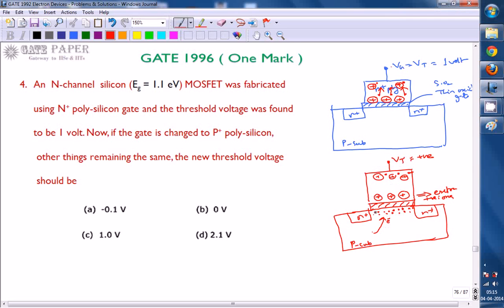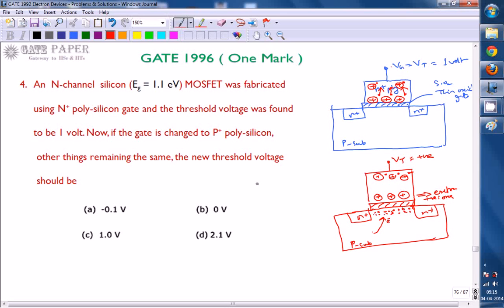They simply accumulate near the SiO2 region, forming a channel. So if you use N plus poly, a channel is created for a small gate voltage itself. Now let us assume we go with P plus poly.